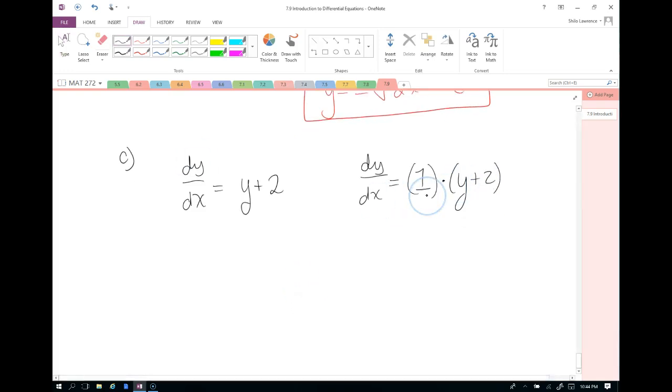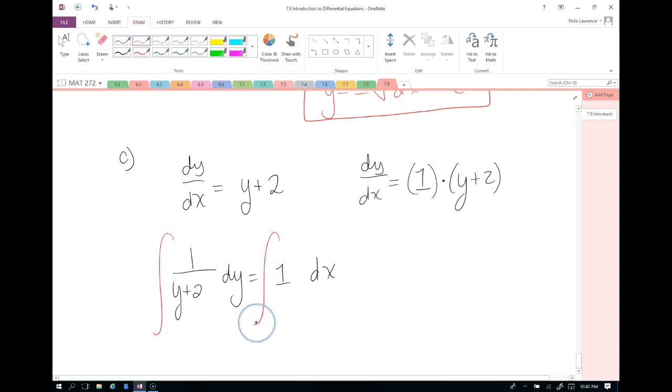And we want to separate the x's and the y's. So I need to divide the y plus 2 over, and I need to multiply the dx over. Now this is a really important problem that leads to a very common solution.